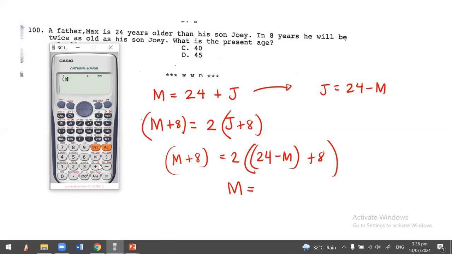X plus 8 is equal to 2 times 24 minus X plus 8. Shift solve. 18. Why 18? Is that right? 2 times 24 minus X plus 8.